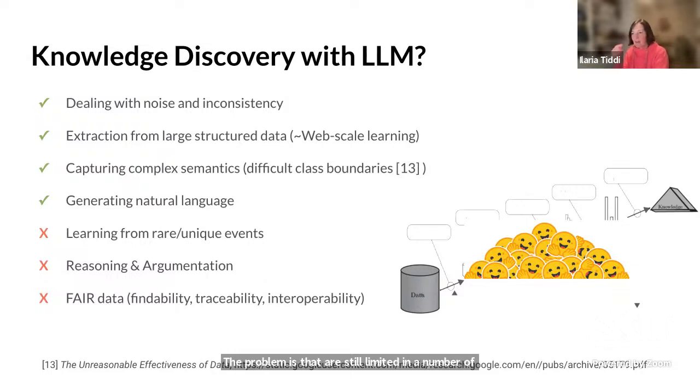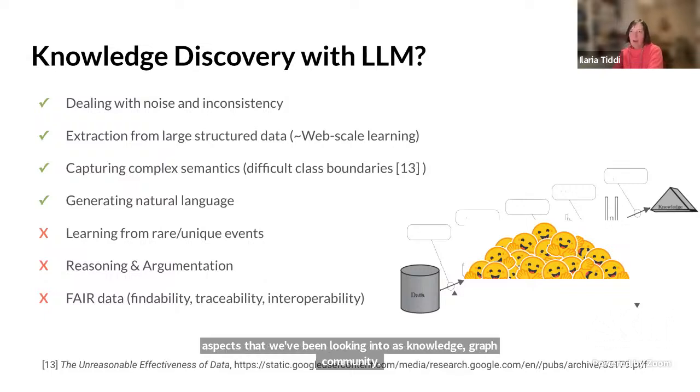Learning from rare and unique events, especially like the ones that you can find on the web, is still quite difficult. These methods are not yet able to show proper reasoning and argumentation behind what has happened, and they also don't really deal with fairness, interoperability, acceptability, all these FAIR aspects that we've been looking into as the knowledge graph community, which are not yet part of the picture in a language model.